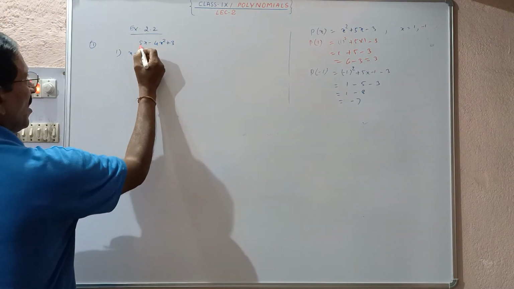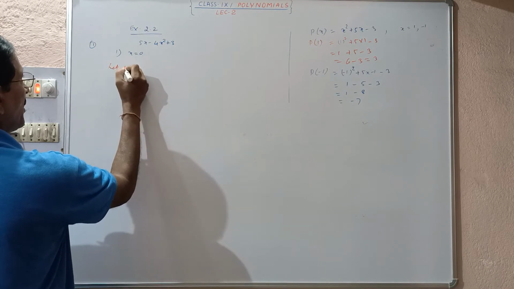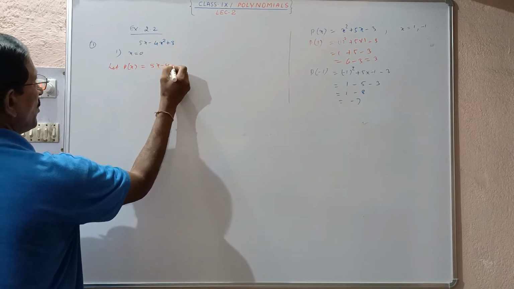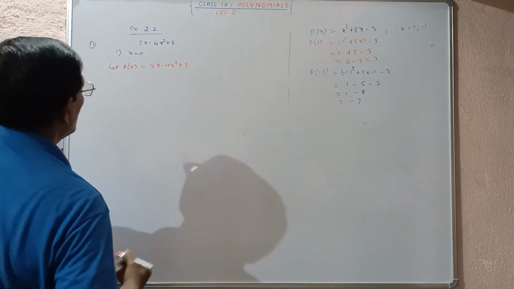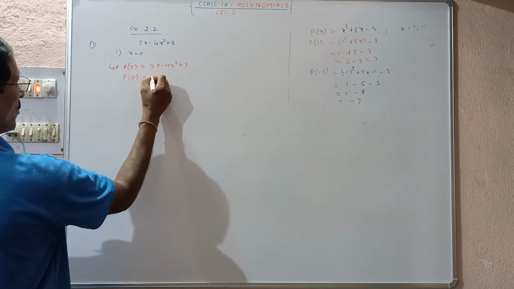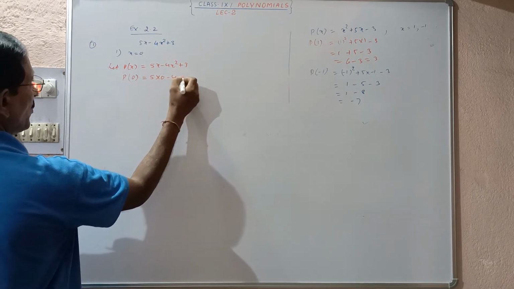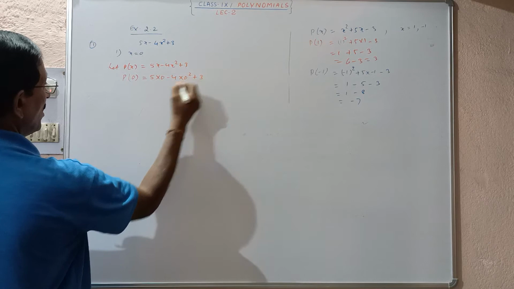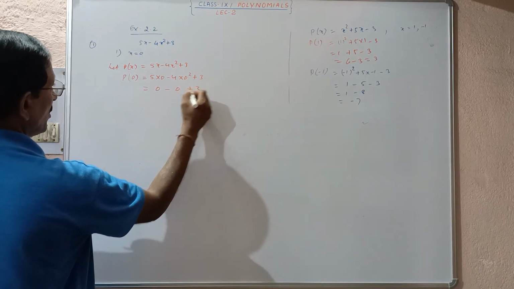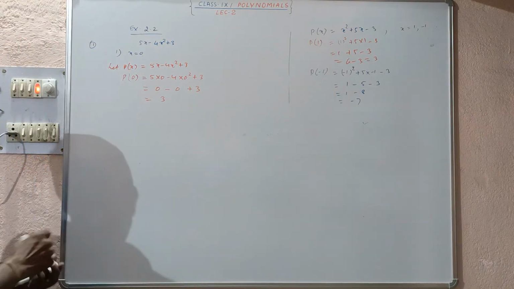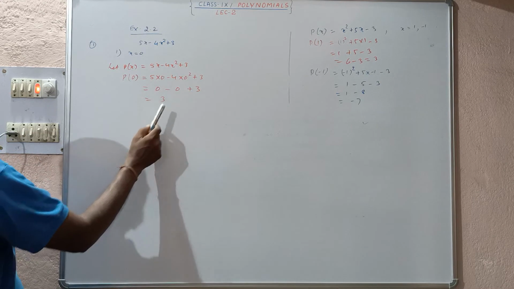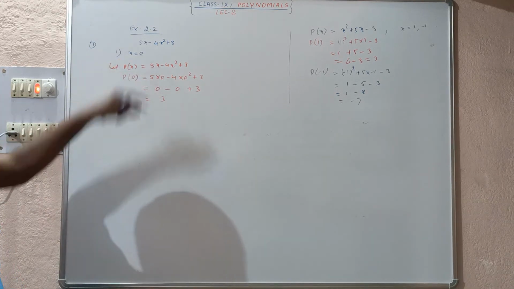So first of all, let p(x) equal to 5x minus 4x squared plus 3, and we find p(0). p(0) is equal to 5 into 0 minus 4 into 0 squared plus 3. That means 0 minus 0 plus 3, that is equal to 3. So the value of the given polynomial is 3 at x equal to 0.